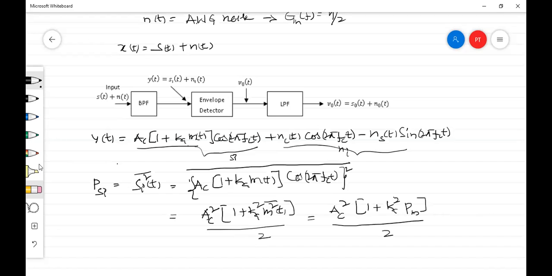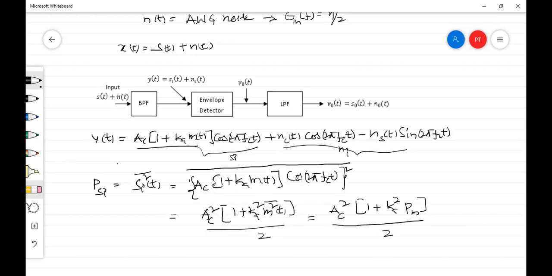You can write it as Ac into cos 2 pi fct, plus Ac into Ka into m of t into cos 2 pi fct. There are two terms. And what about the power of the sum of two terms? Simply equal to the sum of powers of those two terms separately. The power of the first term is Ac square by 2 because it is Ac into cos 2 pi fct.